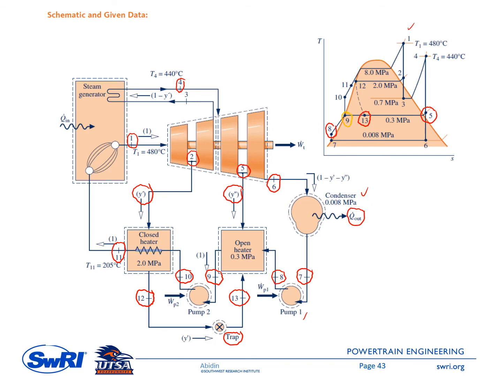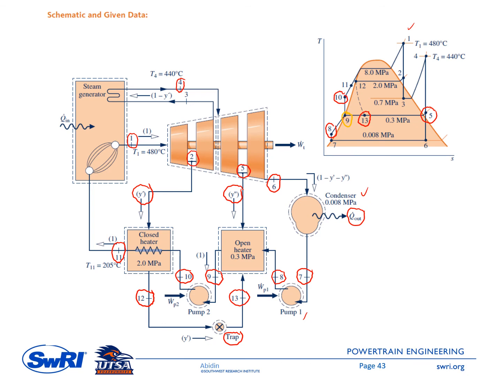Okay, once again, as I mentioned to you, the operating condition for these 3 points, 5, 13, and 8, is in such a way that at the exit of this open feed water heater, it is a saturated liquid, state number 9. And then from state number 9, it is pumped to state number 10, so it is an isentropic process.